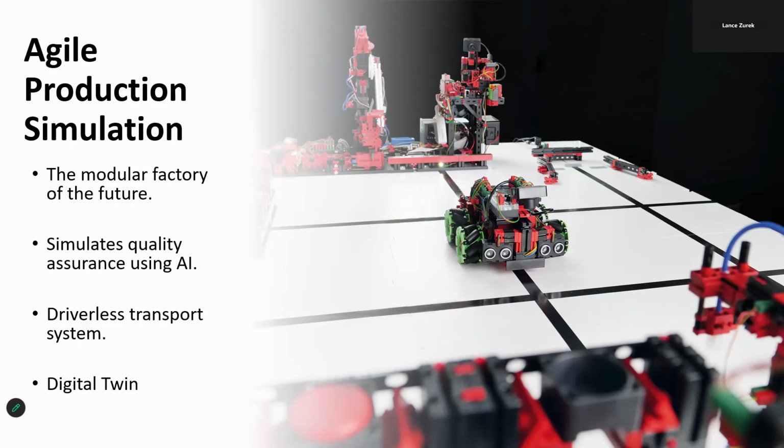And this is where the fischertechnik Agile Production Simulation model comes in. It's designed to simulate processes such as quality assurance using artificial intelligence, the functioning of driverless transport systems, and to replicate automated processes on a small scale. For example, from the receipt of goods into the system to modular production to quality assurance.